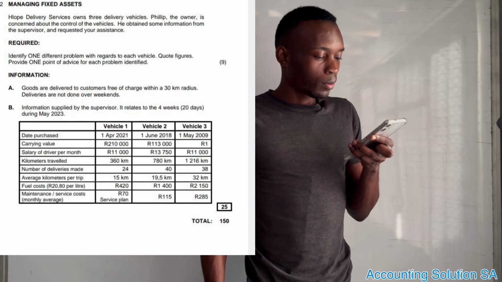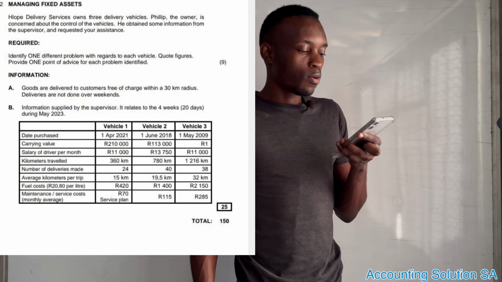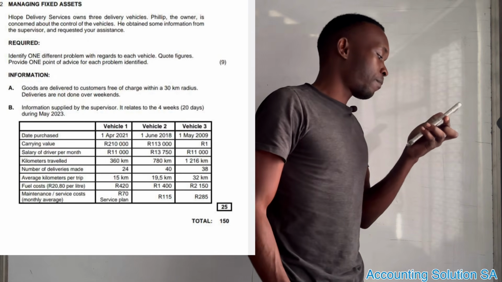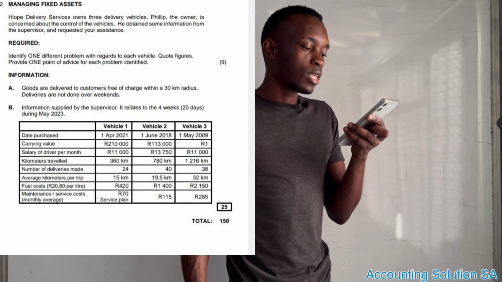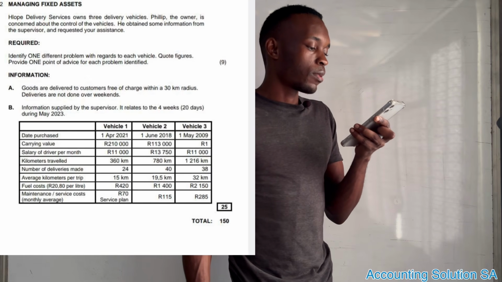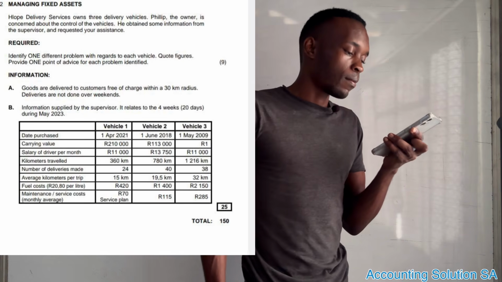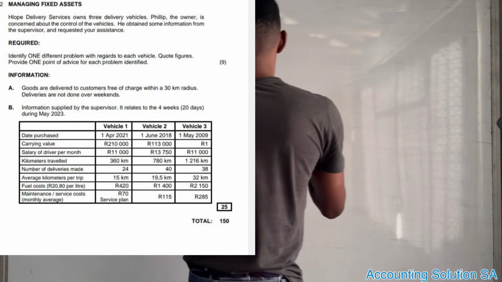And quote the figures and provide 1 point of advice for each problem that you have identified. A: Goods are delivered to customers free of charge within a 30 kilometer radius. Deliveries are not done over the weekend. Information B: we have vehicle 1, 2, 3. We have to identify problems from these vehicles.